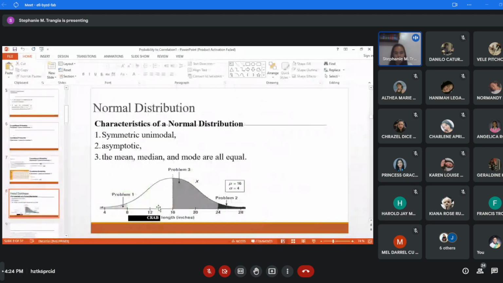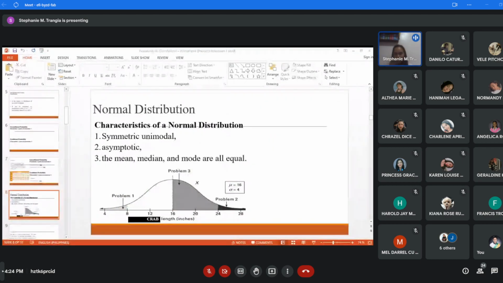So let's proceed to normal distribution. So the normal distribution class are basically to connect our z-scores that we had discussed last meeting, ato siya i-connect sa atong normal distribution. Ang total area under the curve and above the horizontal axis is 1 or 100% based on the concept of probability. So some of the characteristics of a normal distribution is that, number 1, it is symmetric, meaning kanang sa 16, that is our mean.